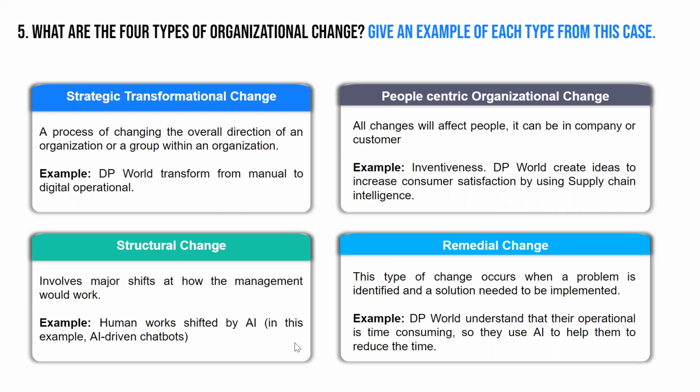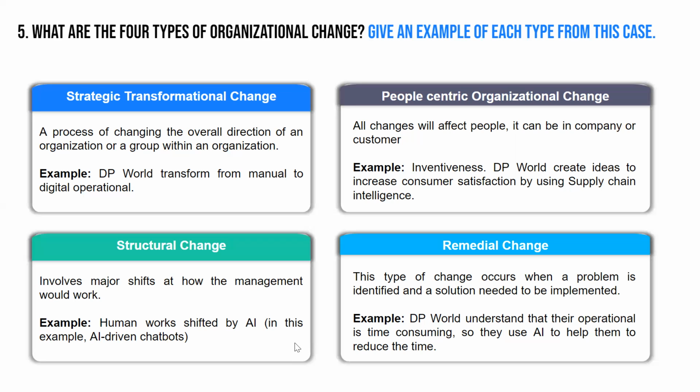The next one is structural change. And the last one is remedial change. Strategic change means a process of changing the overall direction of an organization or a group within an organization, and an example is DP World's transformation from manual to digital operations.